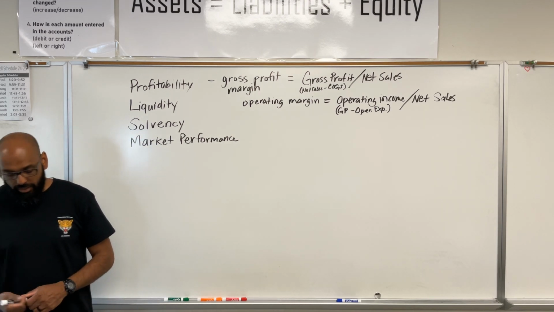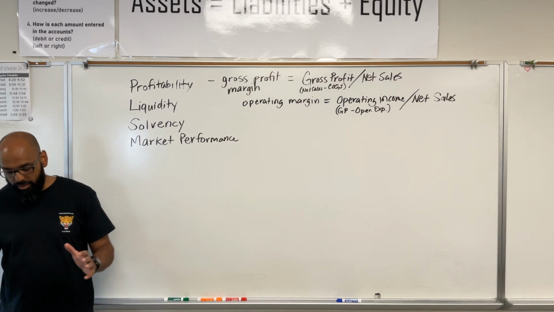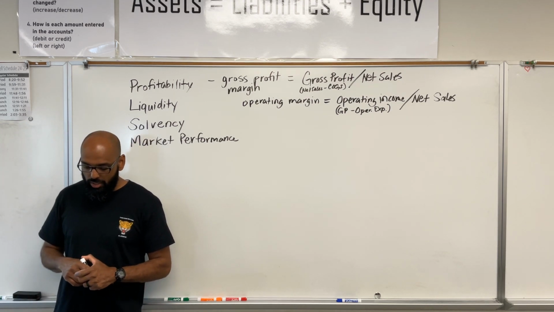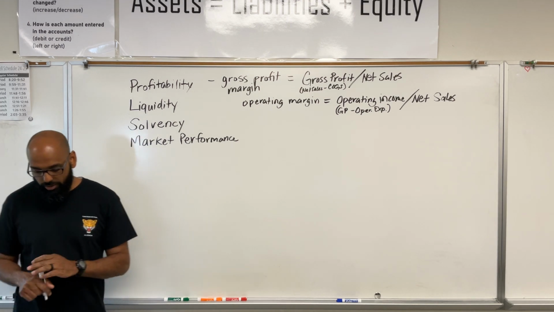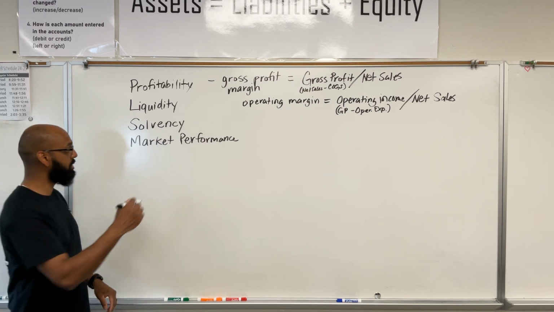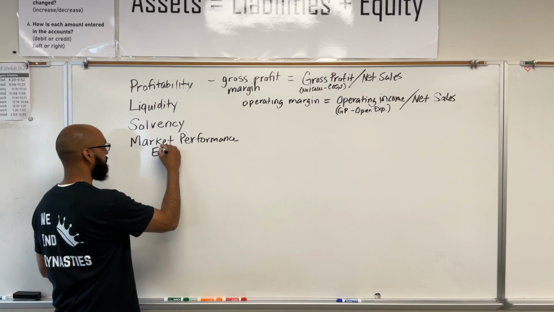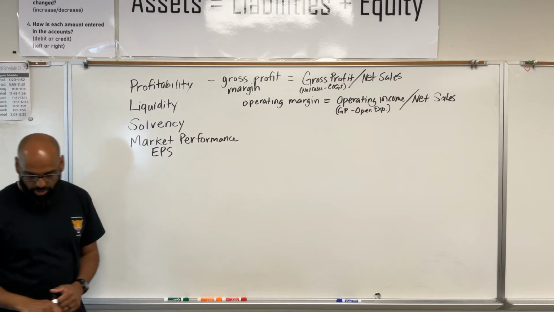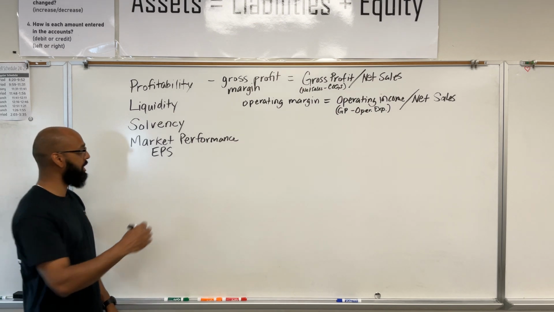All right, the next thing is market ratios, and these are primarily for corporations. And so market ratios or market performance, you look at earnings per share. Okay, so you could look at your earnings per share, which is your EPS. And your earnings per share is your net income divided by the number of shares outstanding.